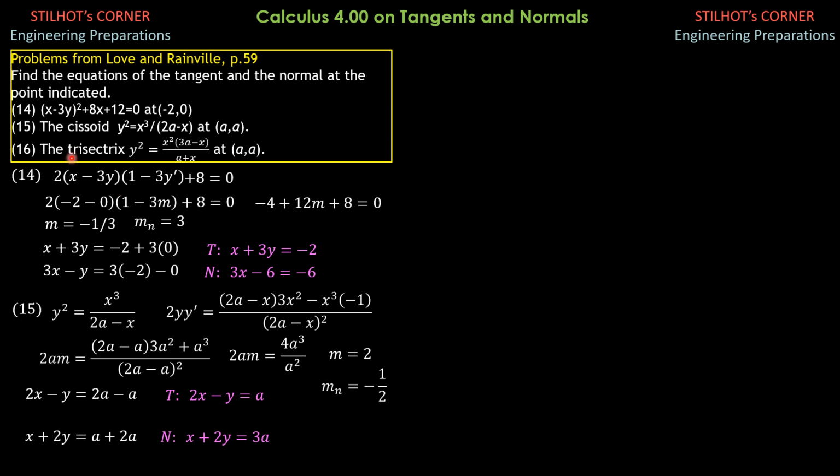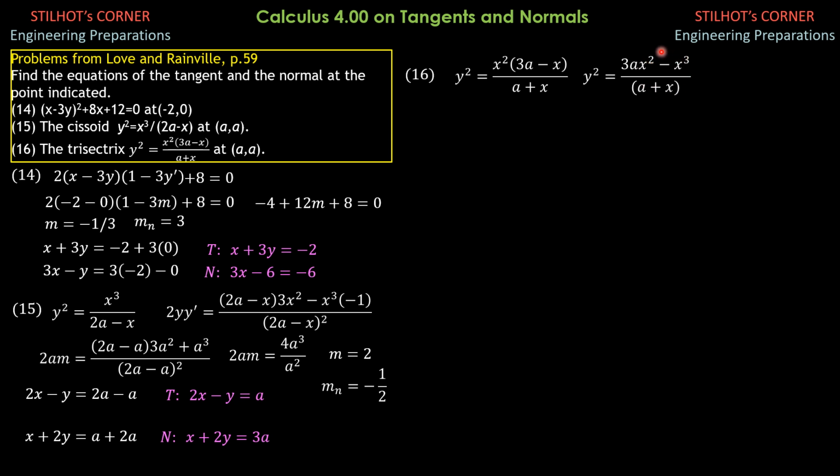Then for problem 16, the trisectrix y^2 = x^2(3a - x)/(a + x) at the point (a, a). We distribute first, so we have y^2 = (3ax^2 - x^3)/(a + x).